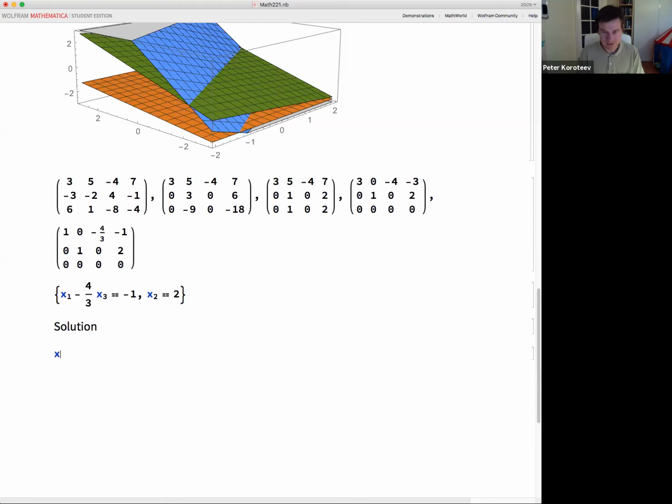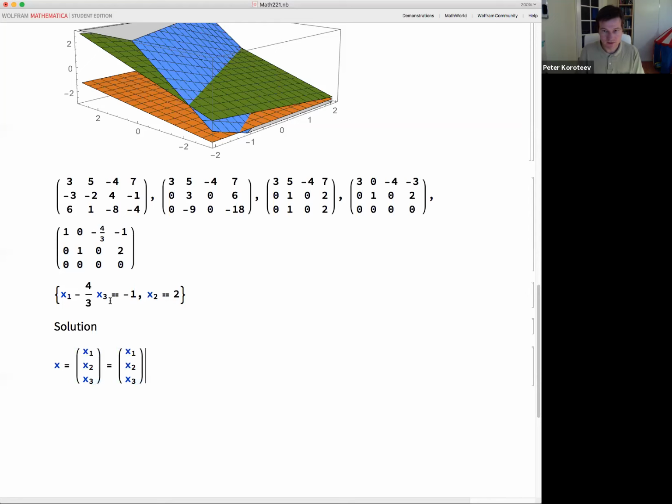So let's see, this x vector is equal to x1, x2, x3. So x3 is free. Just substitute the set of solutions, right?